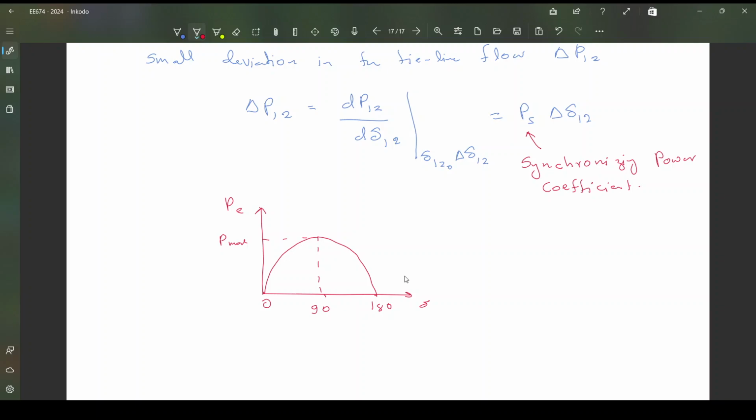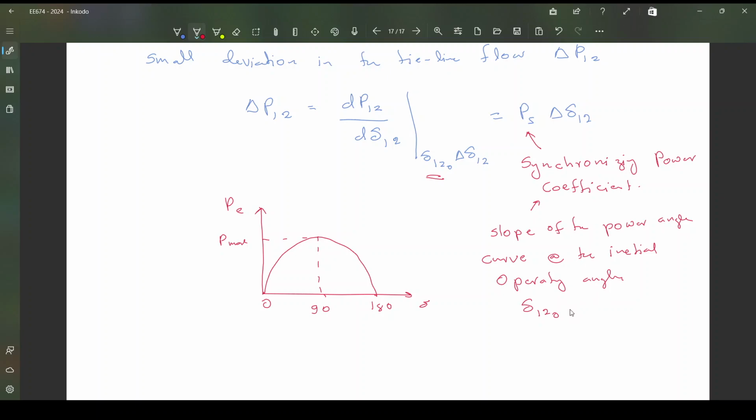This Ps is actually the slope of the power angle curve at the initial operating angle, that is delta 12 0.